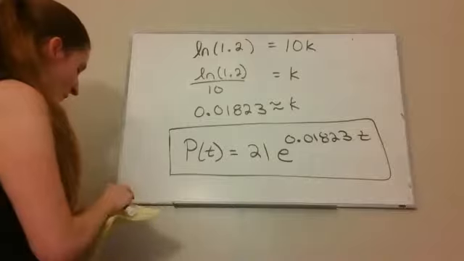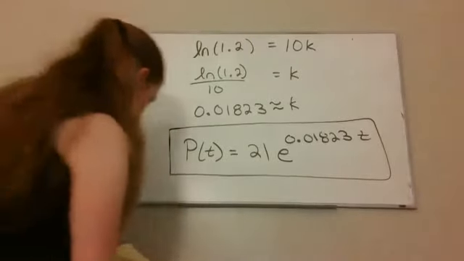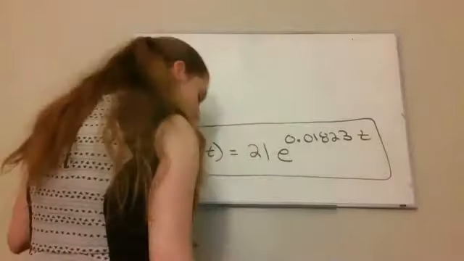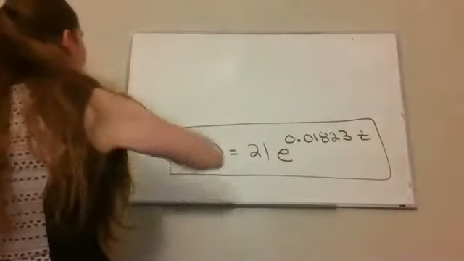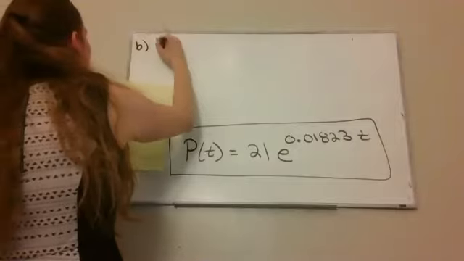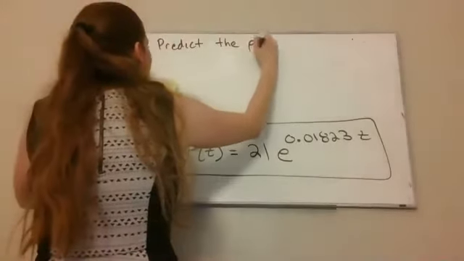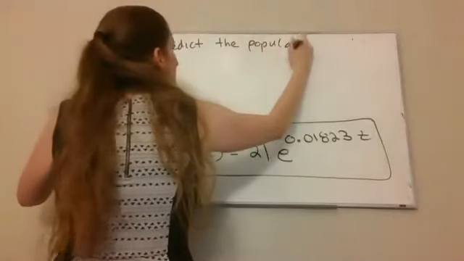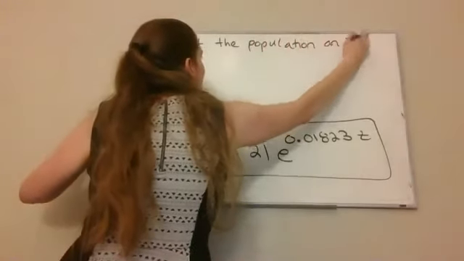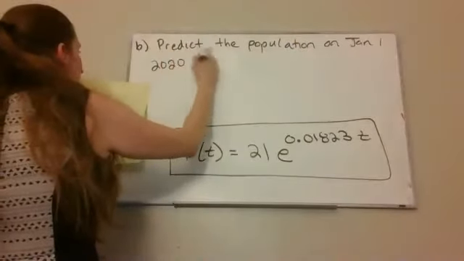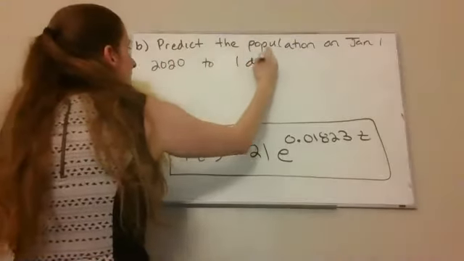Now what do we do for part B? Part B says predict the population on January 1st, 2020, to 1 decimal place.